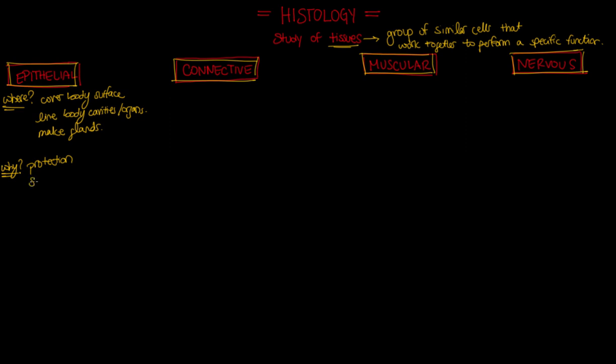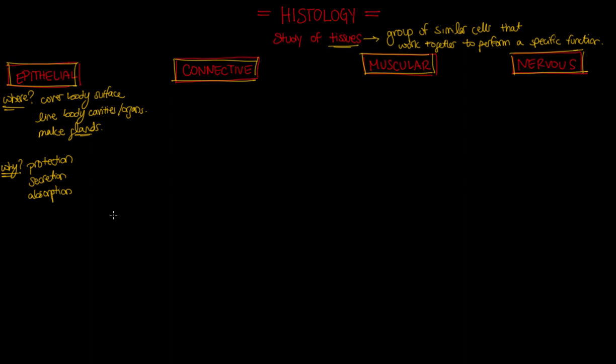Another important function is going to be secretion. So glands are made up of epithelial tissue, and you know that they are going to secrete hormones to maintain homeostasis throughout your body. We also have another function that is absorption. So sometimes your body needs to absorb nutrients, for example.